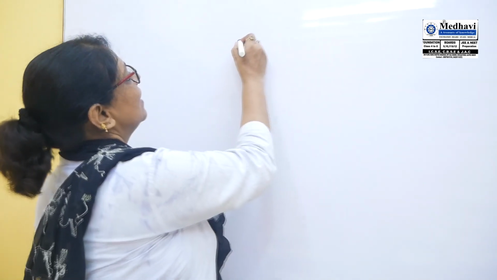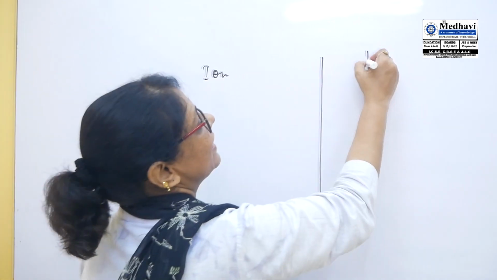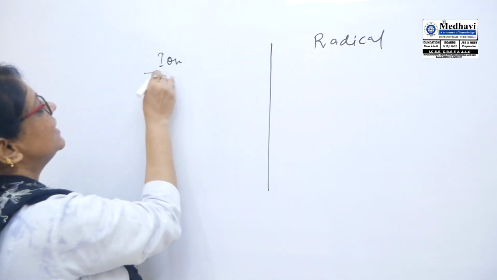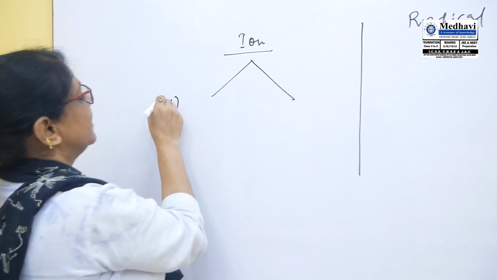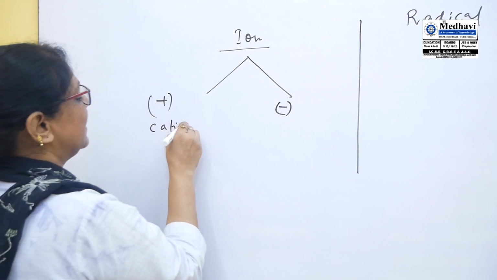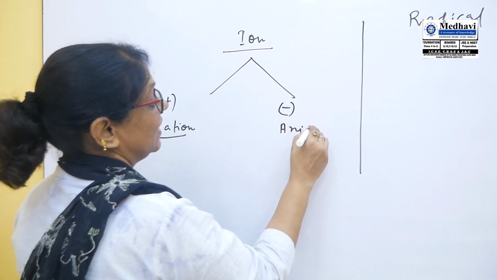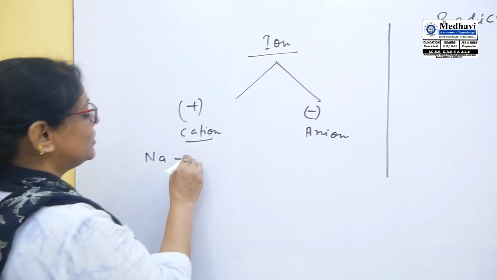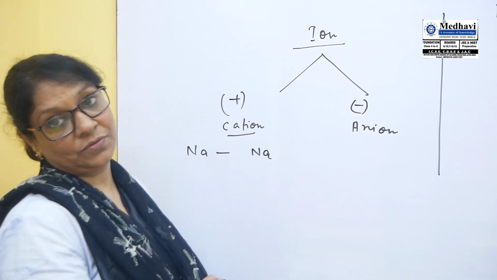Suppose here, this is an ion and this is a radical. So we can say that an ion is either positive or negative. The positive ions are known as cations, whereas negative ions are known as anions. An atom turns to a positive ion when it loses an electron.